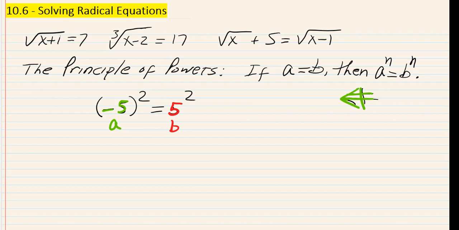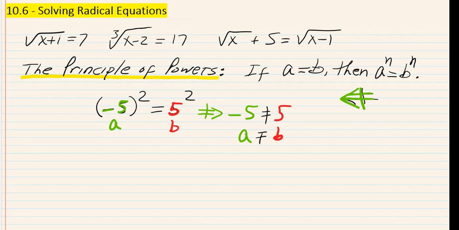Then this does not mean that negative 5 would be equal to 5, would it? That doesn't make sense. They're not. So again, just to show you that the principle of powers only works from left to right, and it may or may not work from right to left.